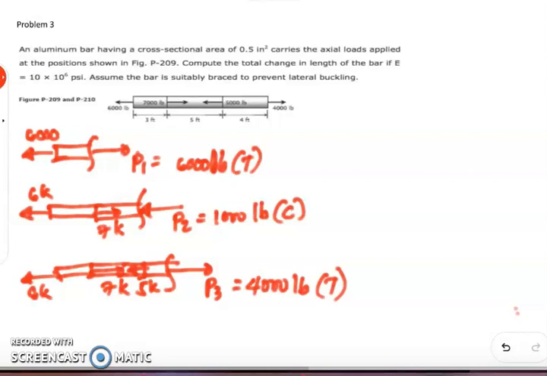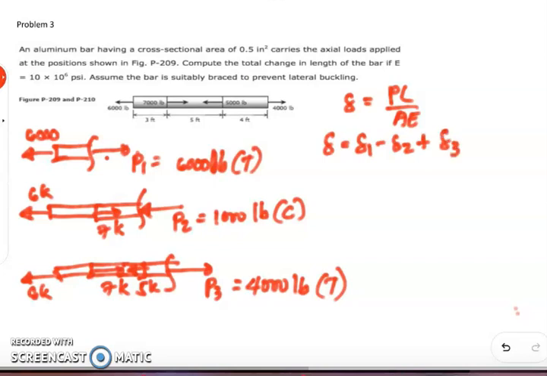And of course, the formula for deformation is PL over E. So we simply have deformation is equal to deformation 1 minus deformation 2. Deformation 1 is positive, then the second one is negative, and this is also plus, so we have here deformation 3.